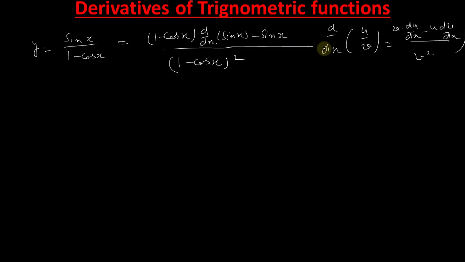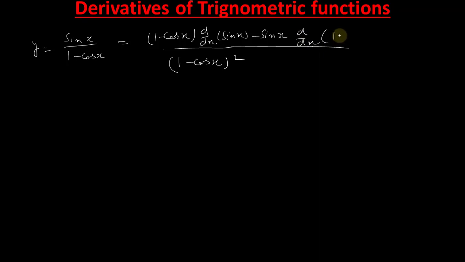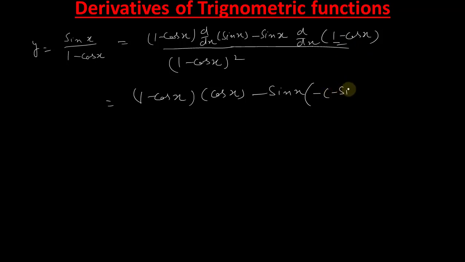So minus sin x as it is, times the derivative of 1 minus cos x. Now it is 1 minus cos x, the derivative of sin x is cos x, minus sin x, the derivative of 1 is 0, the derivative of cos x is minus sin x, divided by (1 minus cos x) square.